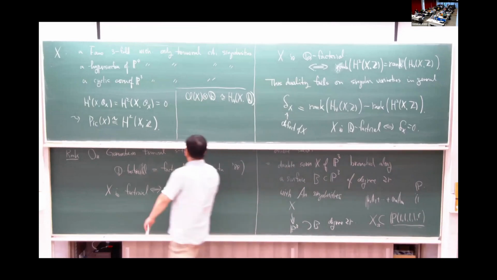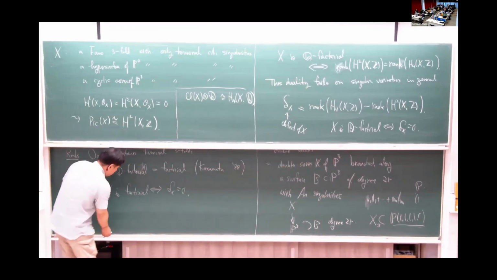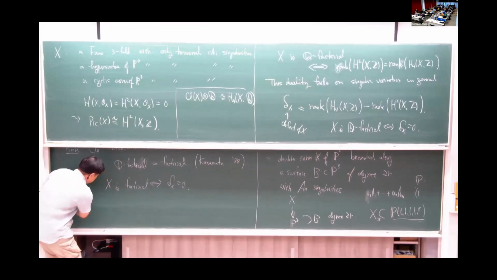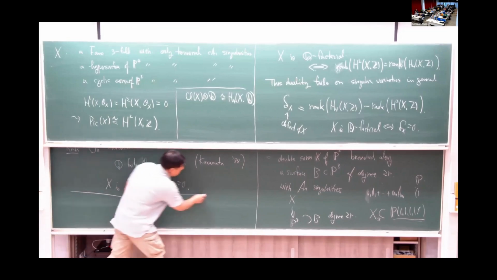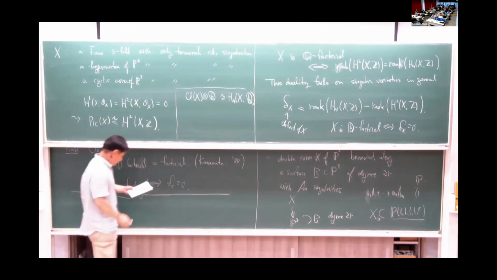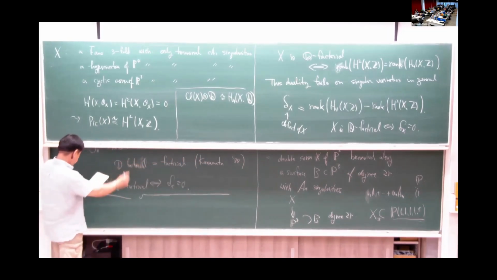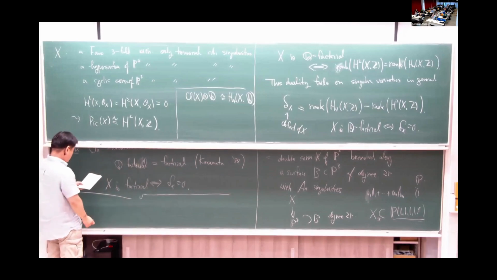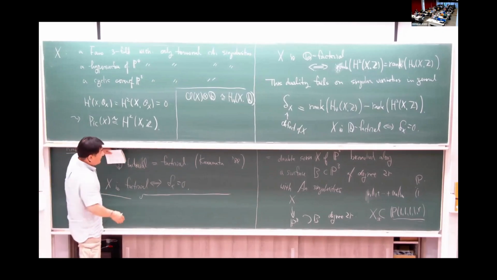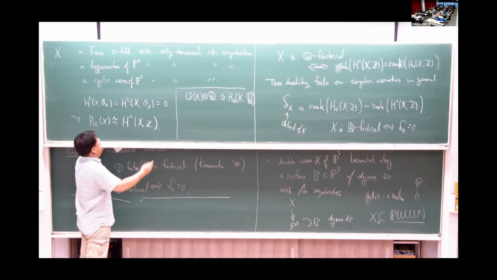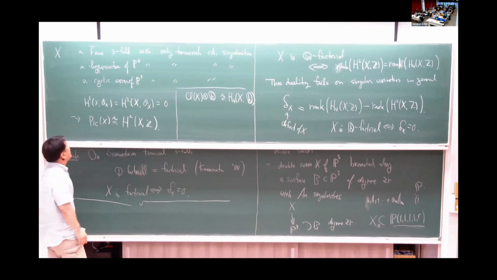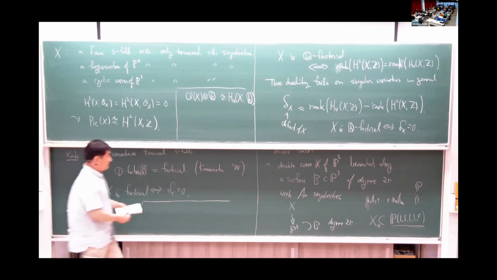All right, and one more remark here. Under this condition, this double cover X will have only terminal CA1 singularities, because of this condition.